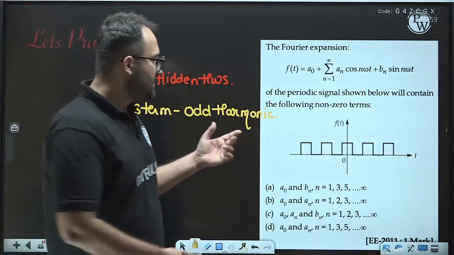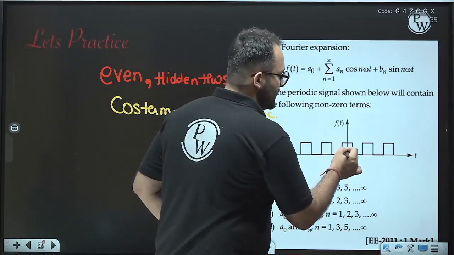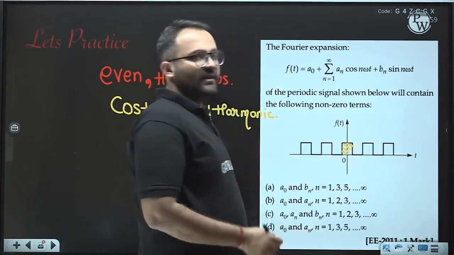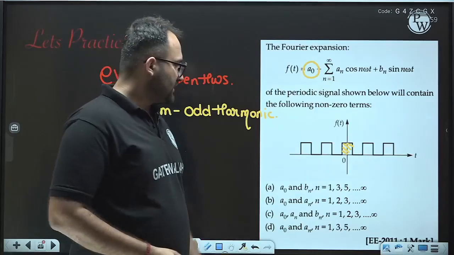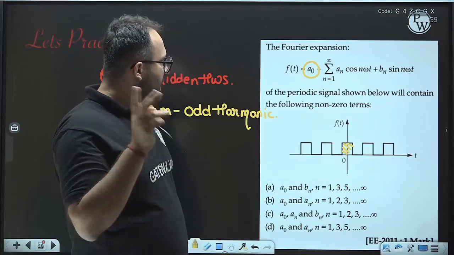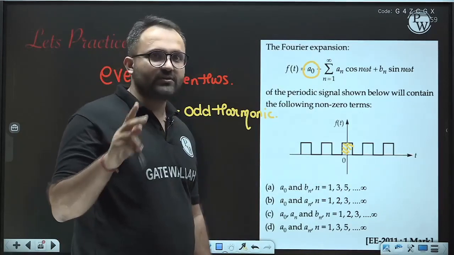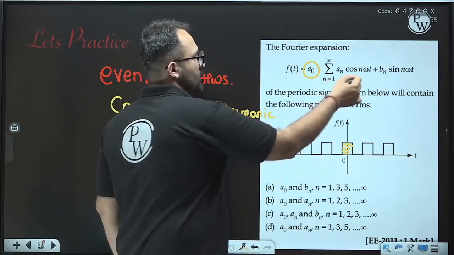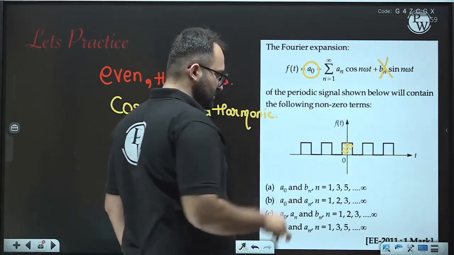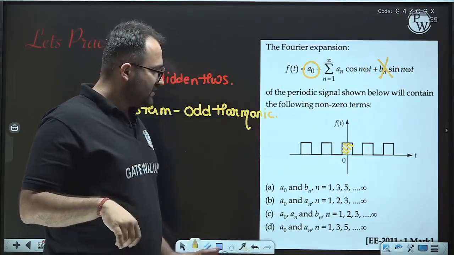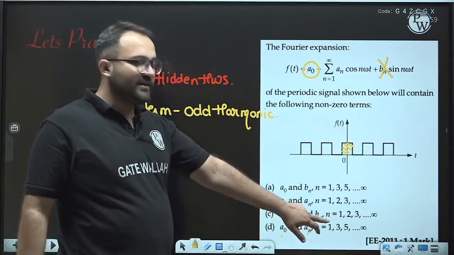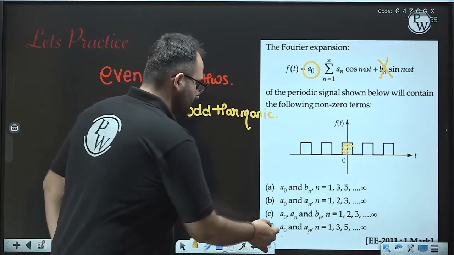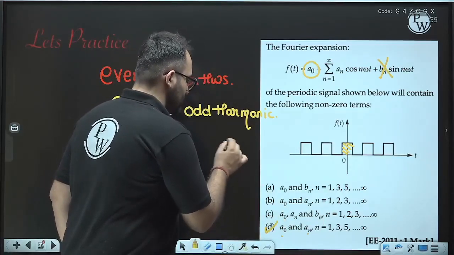We can see that this signal has non-zero area over a period, so it will have an average value. So sine terms will not be there, Bn will not be there, A0 will be there, and An will be there, that too for n equals 1, 3, 5 up to infinity. So D is the correct answer.